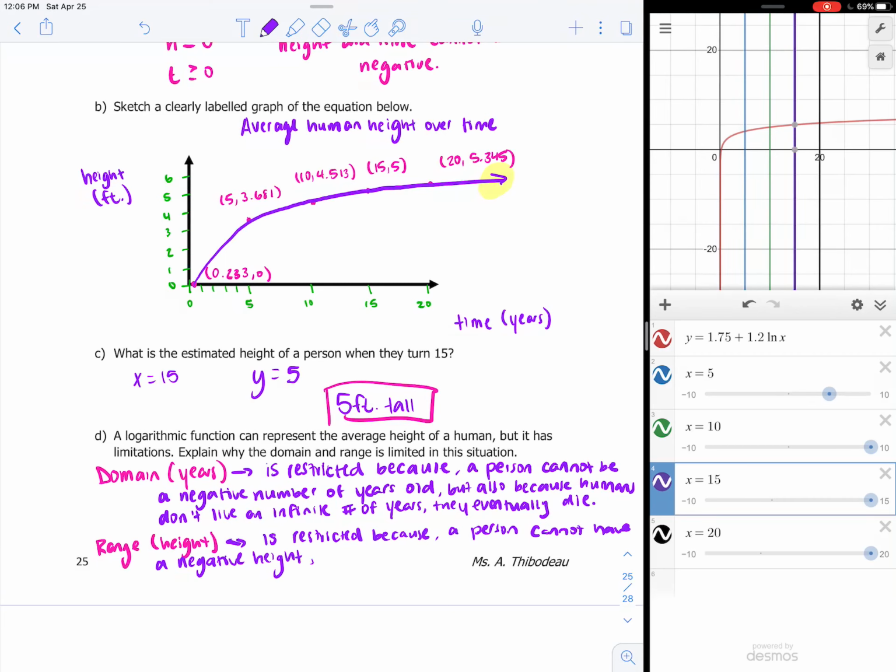But if we're talking in terms of height, I've never seen a person grow an infinite number of feet tall, right? Eventually, people stop growing. So, a person can't have a negative height, but also people eventually stop growing. Height cannot be infinite.